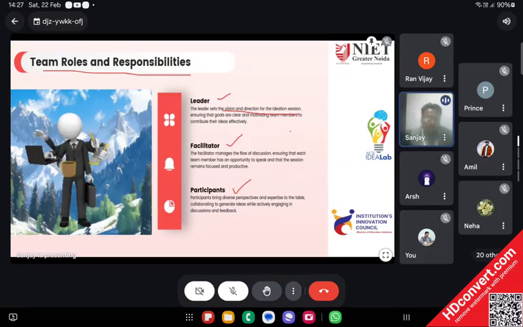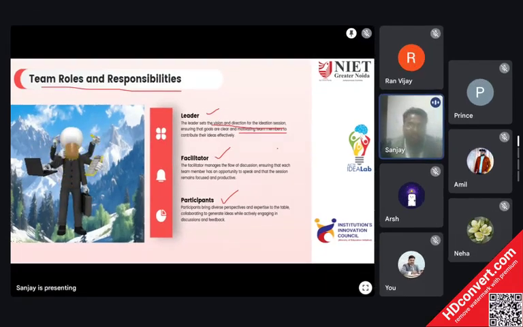The leader ensures that goals are clear and motivates team members so they can contribute their ideas effectively, not in a hesitant manner, not with any type of fear or any type of greed. That is the responsibility of the leader.